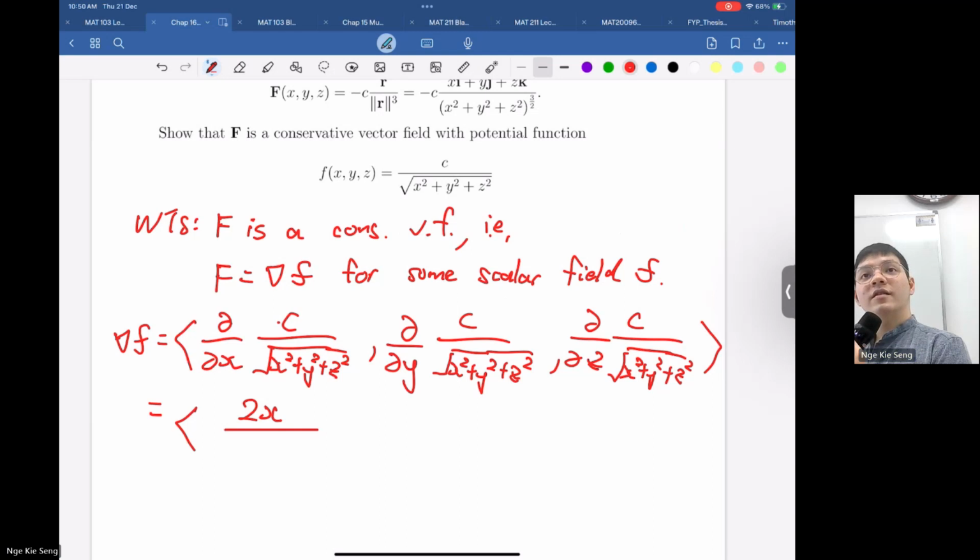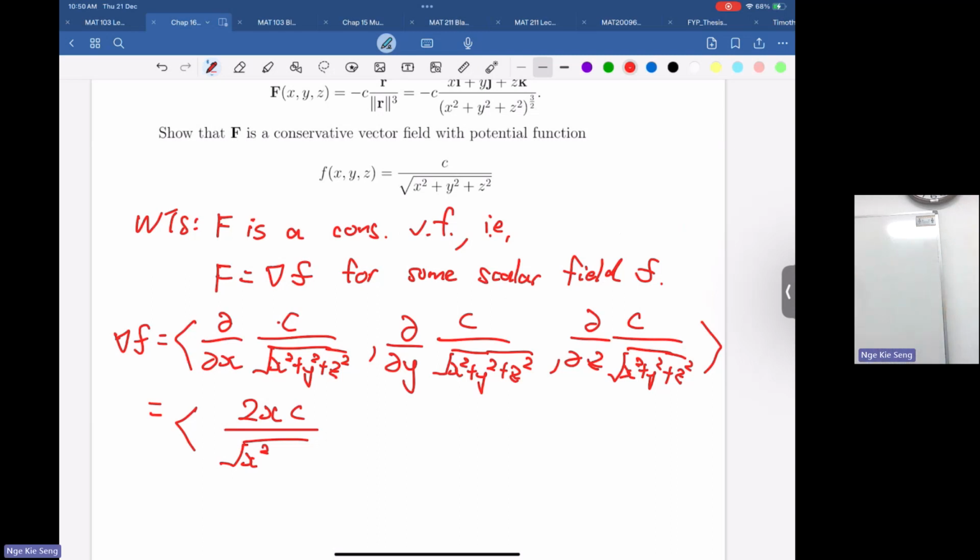2x over 2x, okay, over square root x squared. Is that enough? You sure?